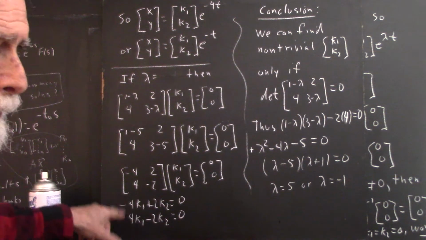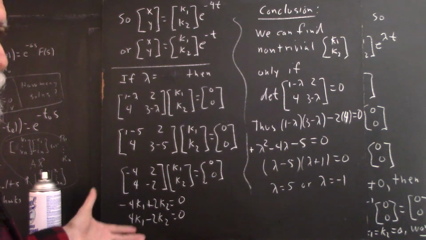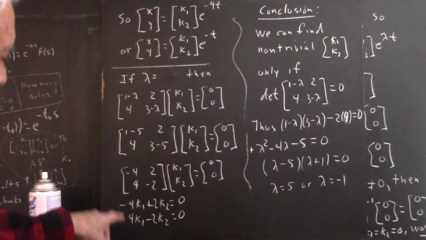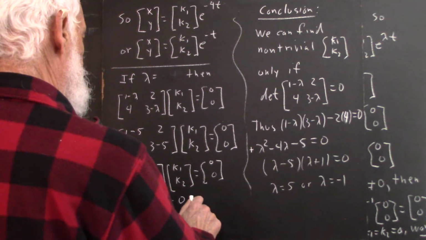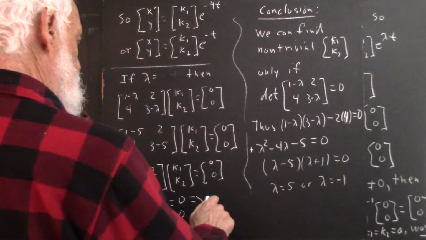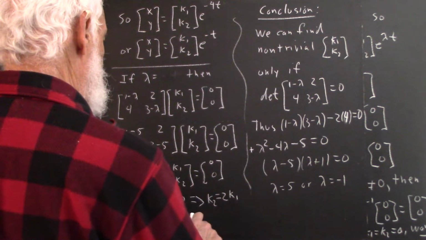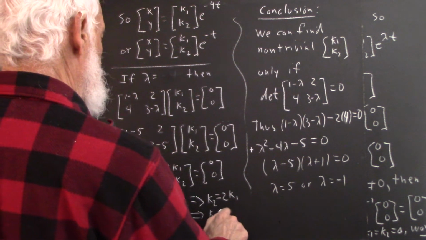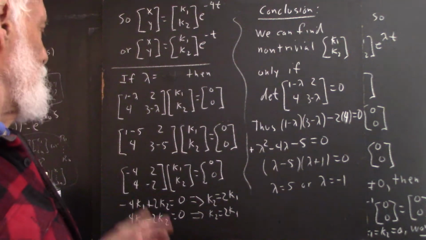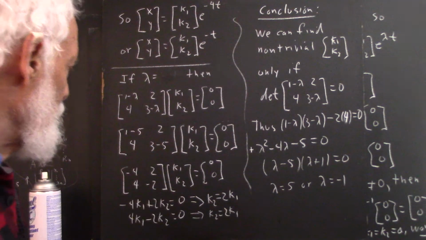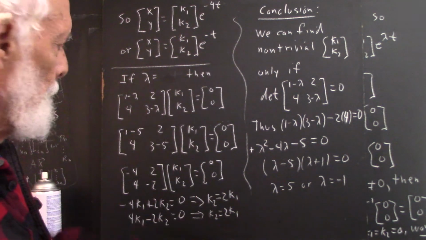And these equations are identical except for multiplying both sides by negative 1, and they become identical. They have identical solutions. So this one implies that k2 equals 2k1, and this one implies that k2 equals 2k1. And that must be the case, because what showed me that I had an error last time was that we got two different conclusions here.